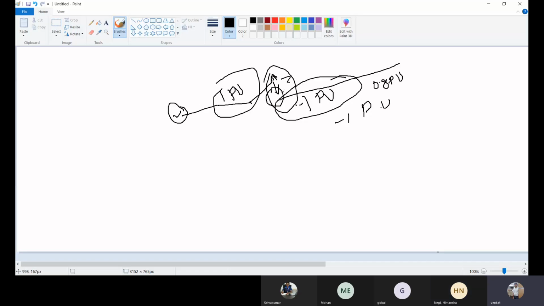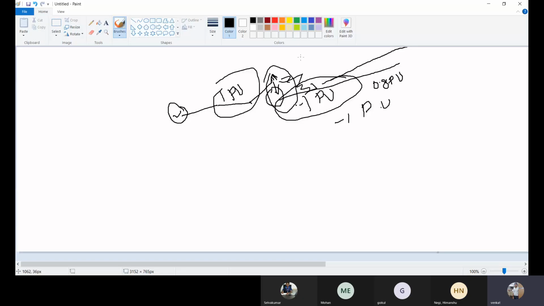When this resistance breaks, there will be a strike, which will travel towards this side. Due to this condition, an overvoltage is created.